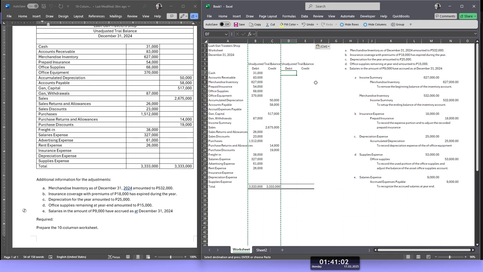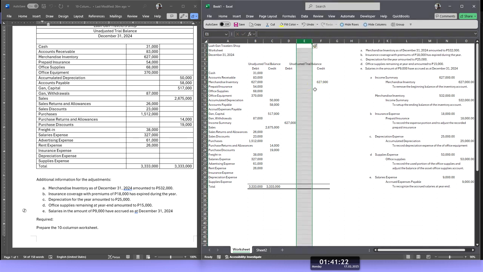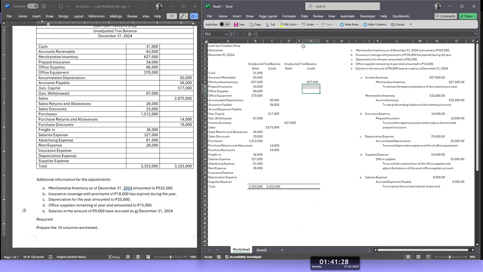So the first adjusting entry is debit income summary 627,000, and then credit merchandise inventory 627,000, and I might as well add a column for the letters here.